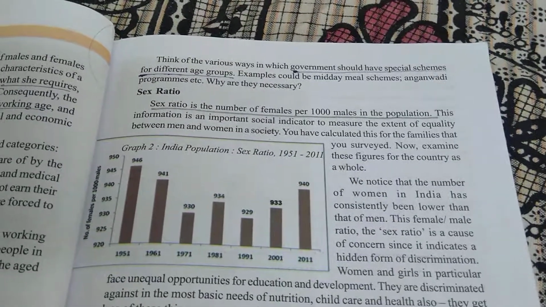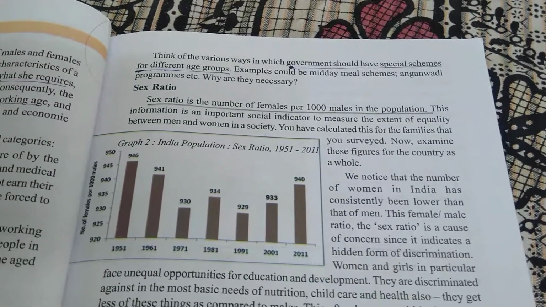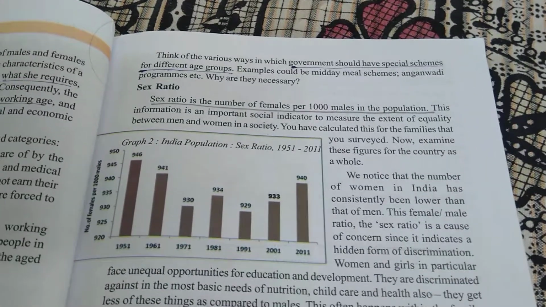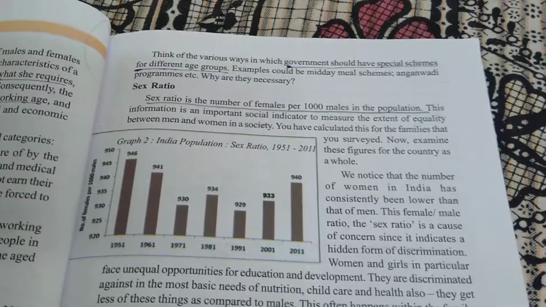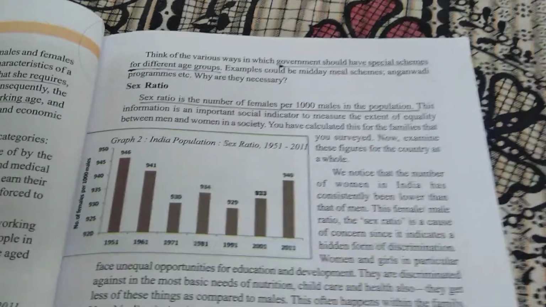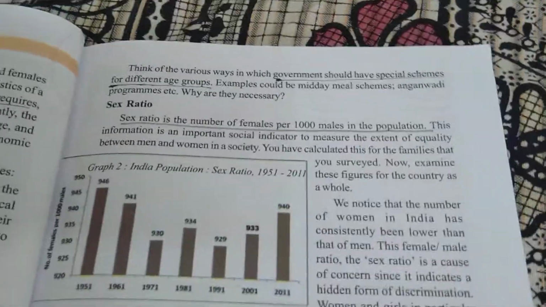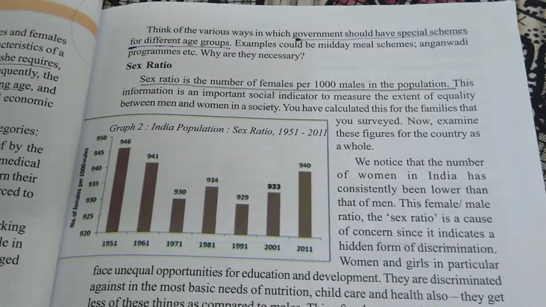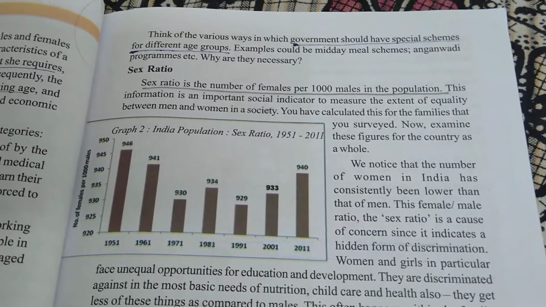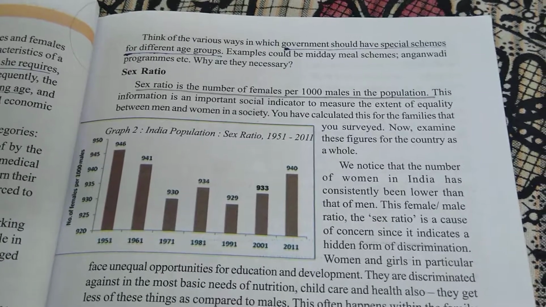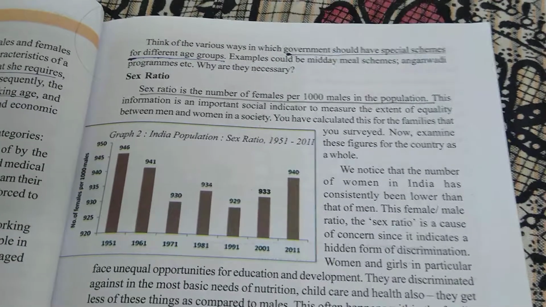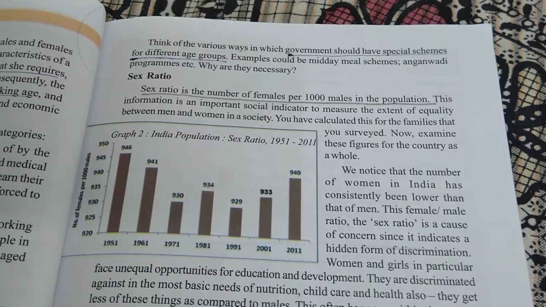When you compare different states in India, Kerala has a positive sex ratio, that is 1040. In Haryana 870, Punjab 880, Telangana 988, Kerala 1040.